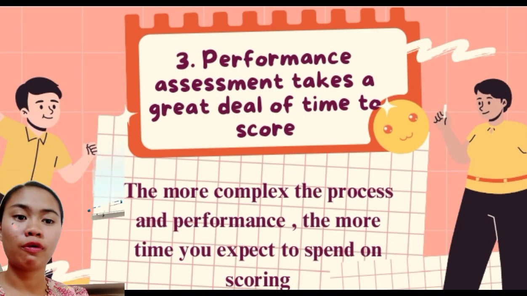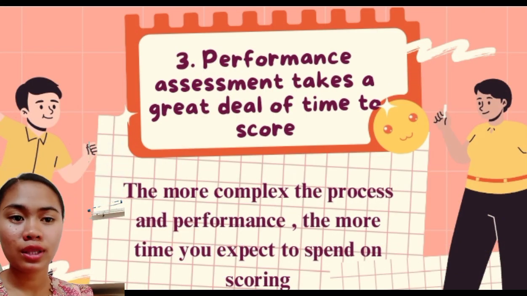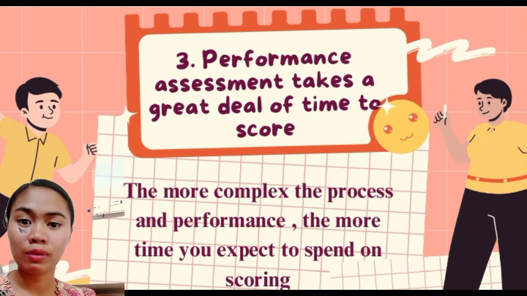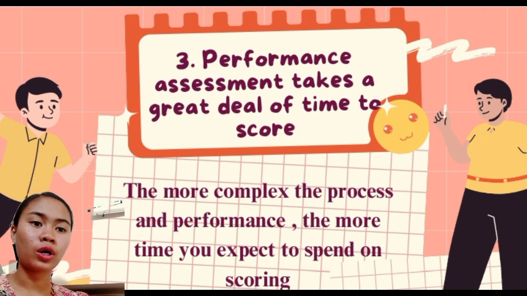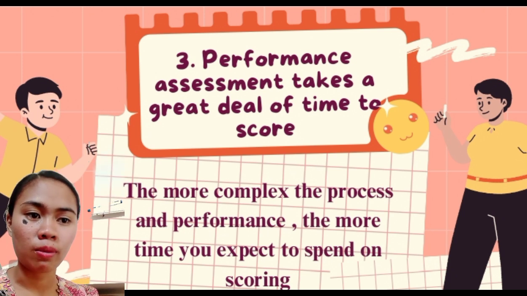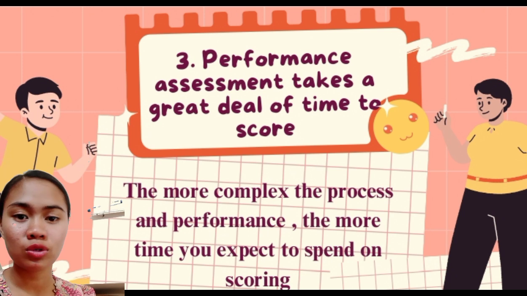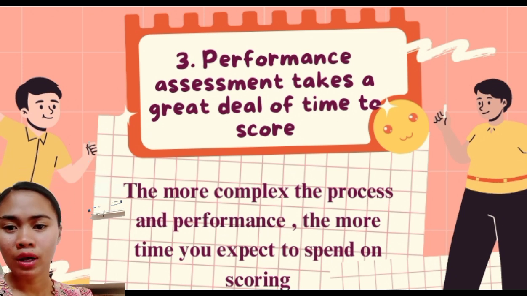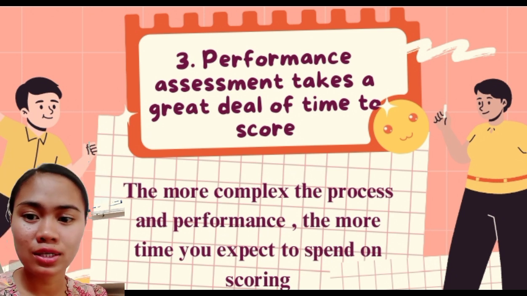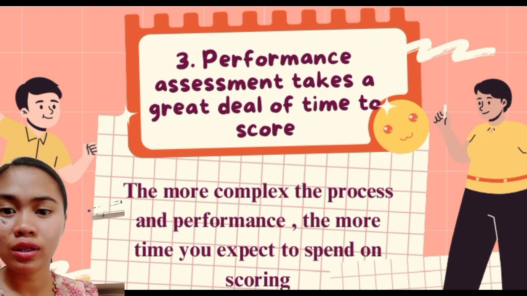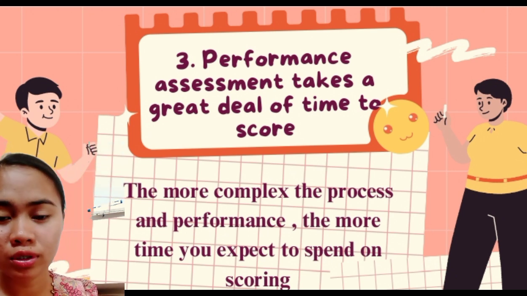Next, performance assessment takes a great deal of time to score. The more complex the process and performance, the more time you expect to spend on scoring. Example of this is a student-created video presentation.